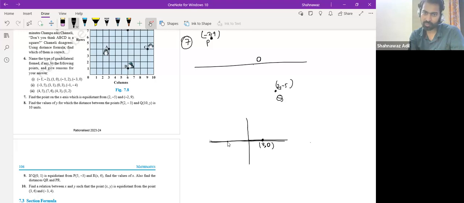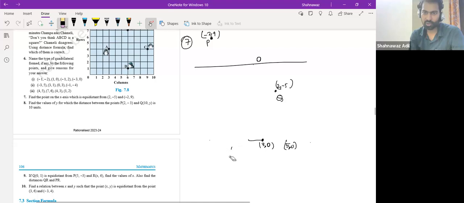Let's say this point is -2, and what is the y-coordinate here? 0. And this is 5, what is the y-coordinate? 0. So you see that on the x-axis, the y-coordinate is 0. Only x is varying. The y-coordinate is always the same. Is that clear to you guys?